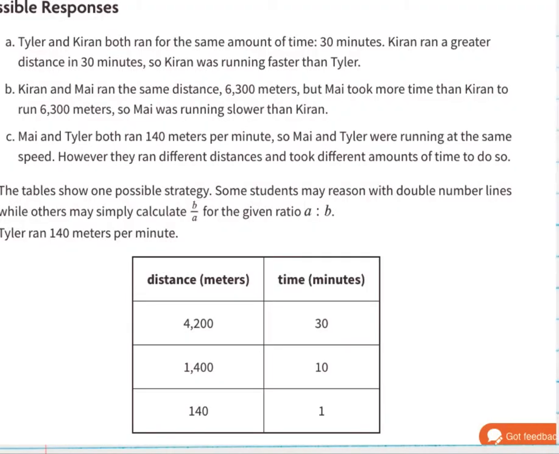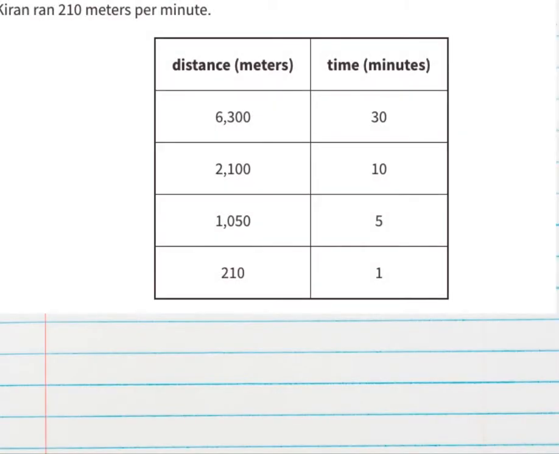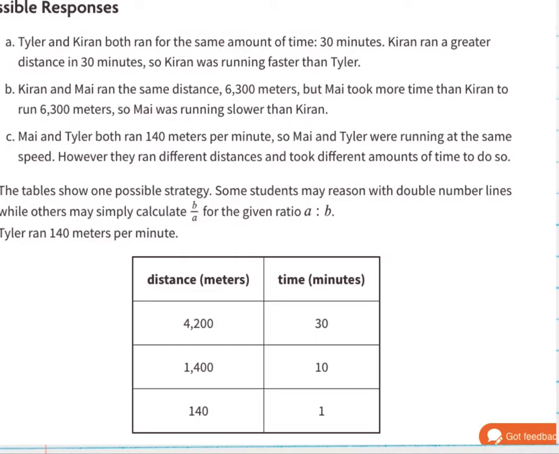So let's take a look. Okay, so 4,200 meters in 30 minutes, 1,400 meters in 10 minutes, and 140 meters in 1 minute. And that's just setting up a division.